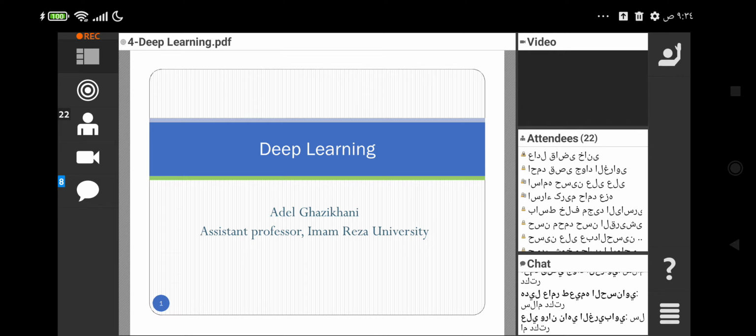Many of the applications and software that have been produced in artificial intelligence are working on these types of data.